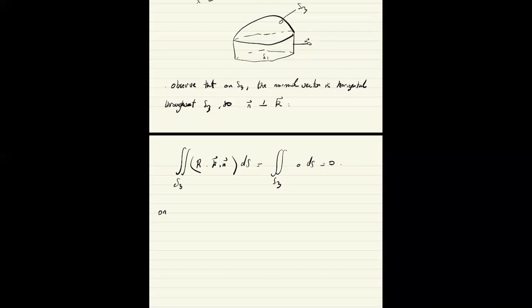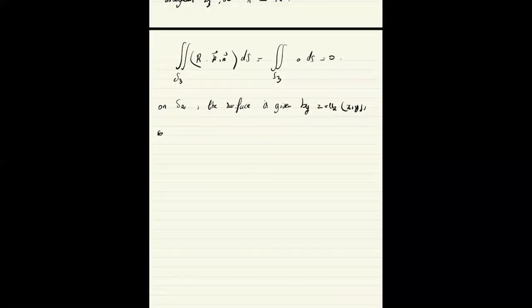Now on S2, the surface is given by z = u2(x,y).